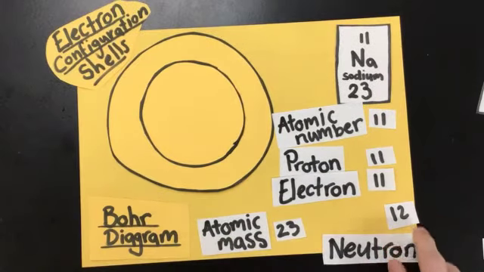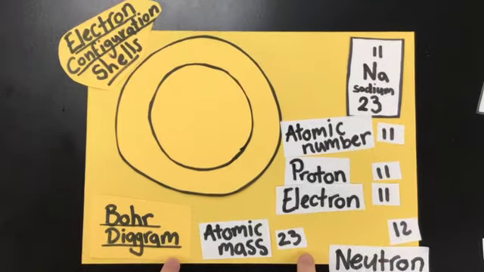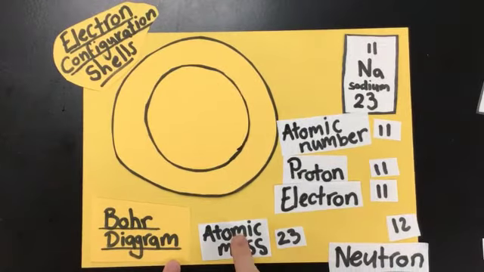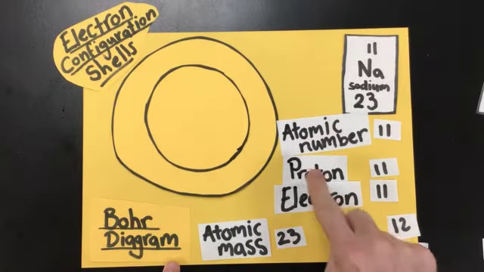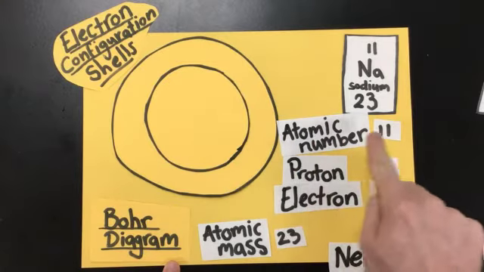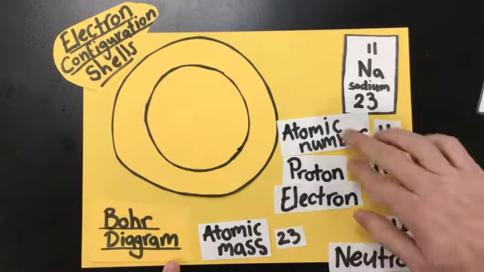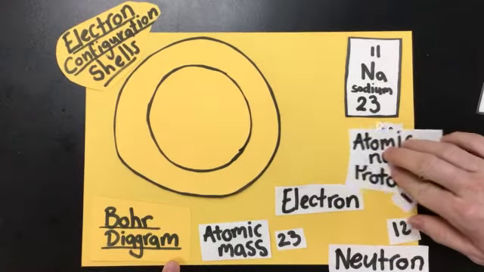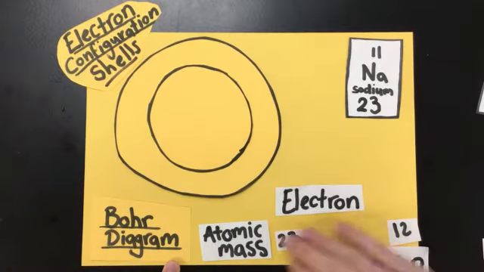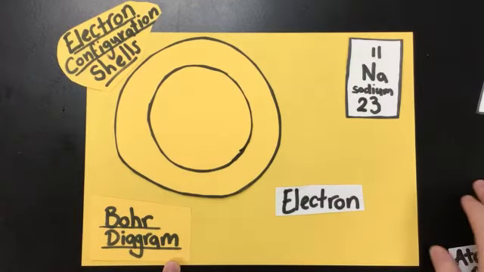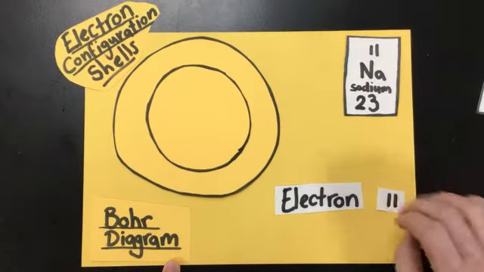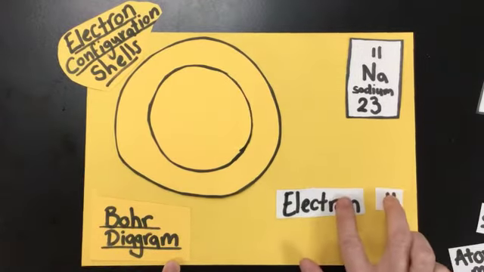So I would have 12 neutrons. I would have an atomic mass of 23. I would have 11 electrons, 11 protons, and an atomic number of 11. But as I said, we're focusing on our electron configuration shells, so we're going to get rid of the rest of these for a moment and just focus on my electrons.